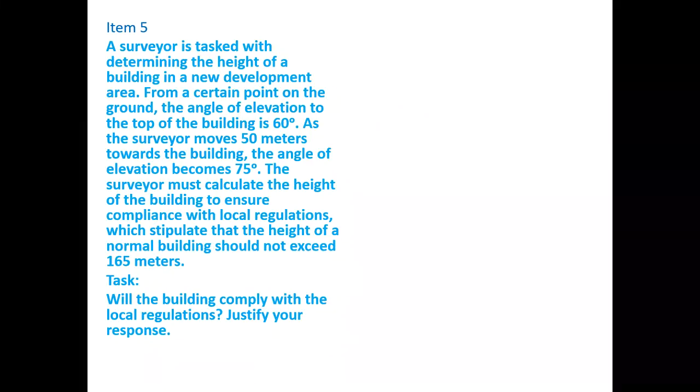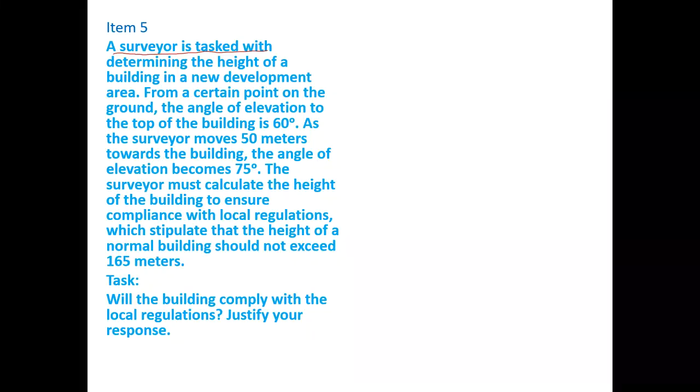We have here a surveyor who is tasked with determining the height of a building in a new development area. From a certain point on the ground, the angle of elevation to the top of the building is 60 degrees.